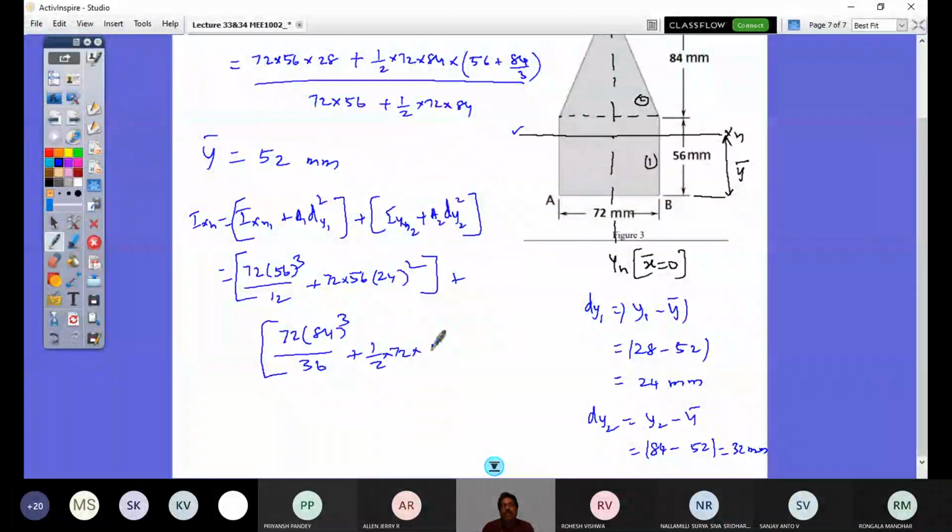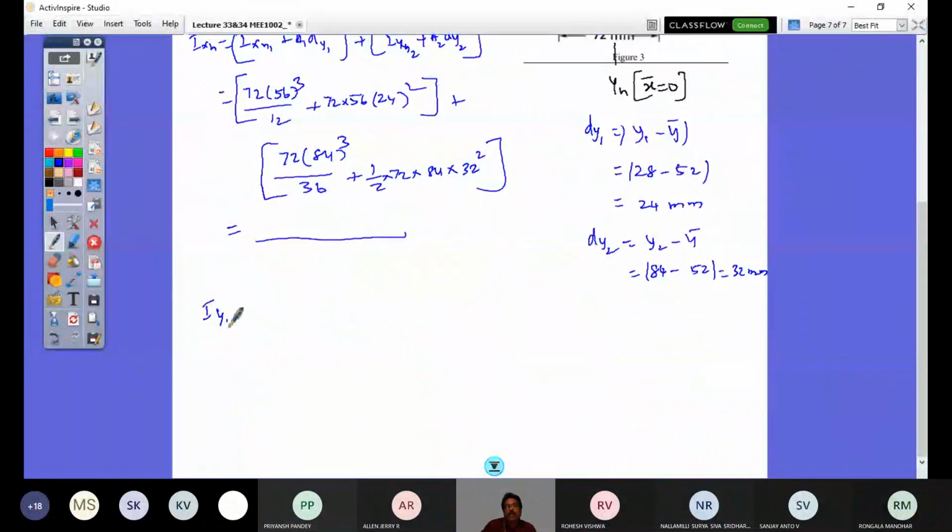And then what is IYG? IYG is again to be done carefully. The formula is IYG1 plus A1 into dx1 square, plus IYG2 plus A2 into dx2 square. Now, as far as this triangle is concerned, this is my vertical axis.